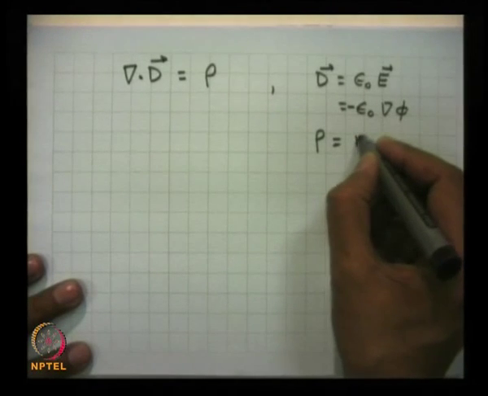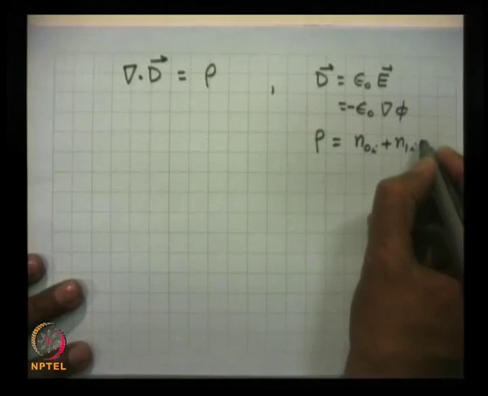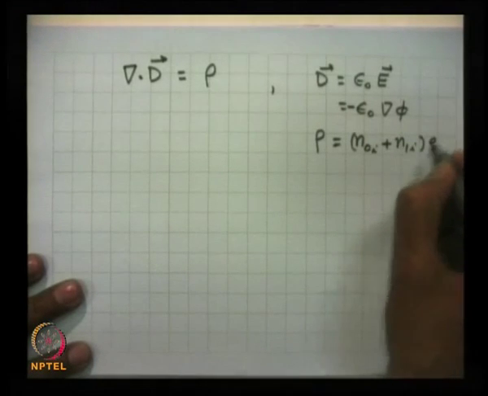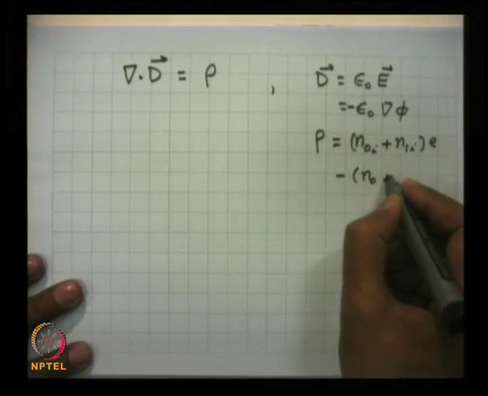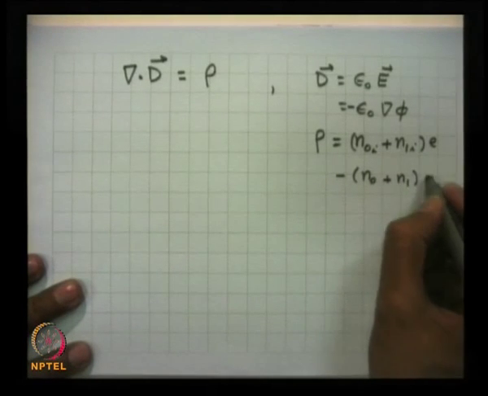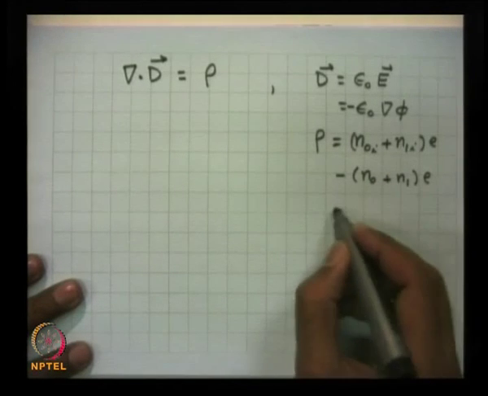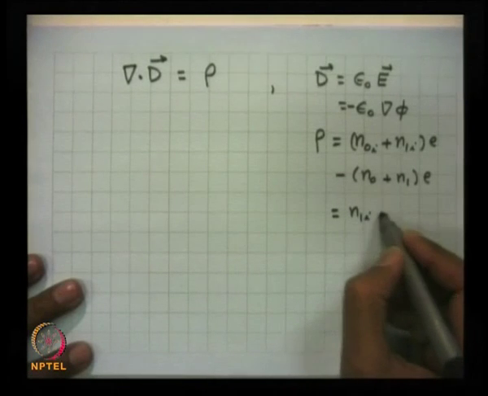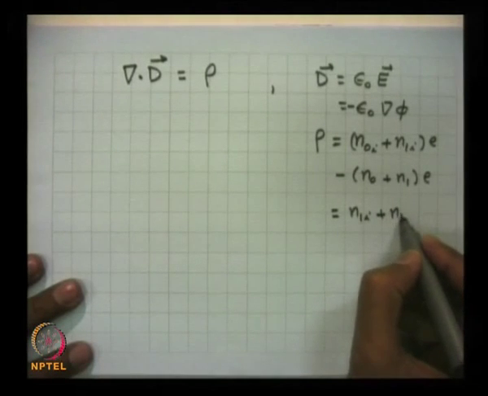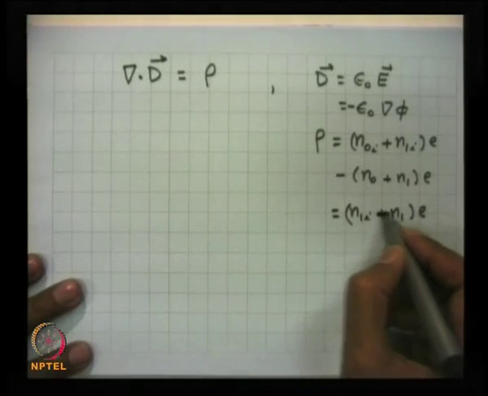So, this is equal to N0I plus N1I, into e, the ion charge density, minus N0 of the electrons plus N1 of the electrons into e. Since N0 and N0I are equal, this is equal to N1I minus N1 into e, sign is opposite.